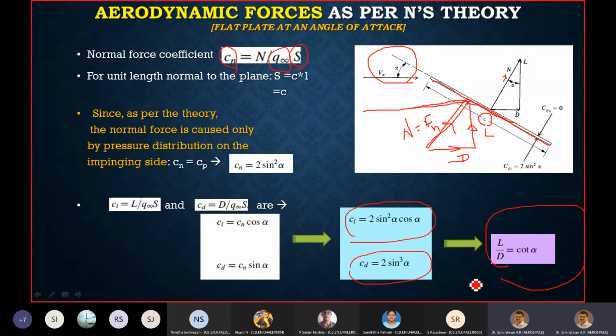In fact, even this can be derived for any inviscid flow for that matter. But we are just showing that this applies for the derivation of the ratio of aerodynamic forces based on Newton's hypersonic theory, as applied to a flat plate inclined at an angle to the main stream.